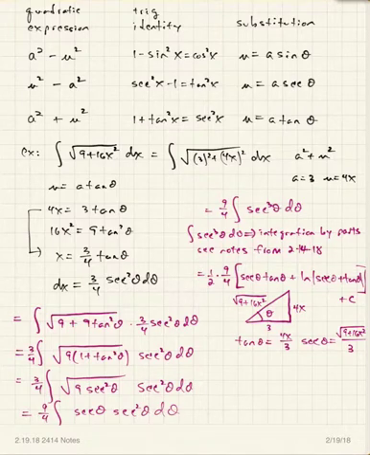And so the integral becomes kind of messy, becomes 9/8 times secant theta times tangent theta. And so that would be 4x times the square root of 9 plus 16x squared over 9, right?